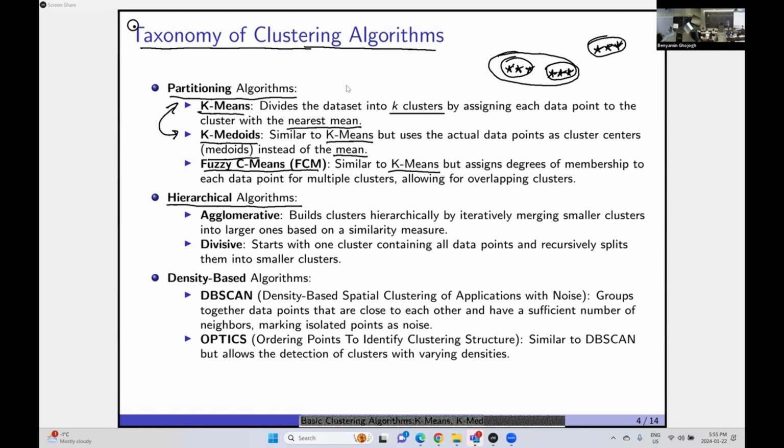Is the level of hierarchy you get out defined explicitly at the beginning, or can you run an agglomerative model and then with the output, filter by level of hierarchy after the fact? So basically, the agglomerative algorithm, which starts from small clusters and builds up, can start from every data point as a single cluster.